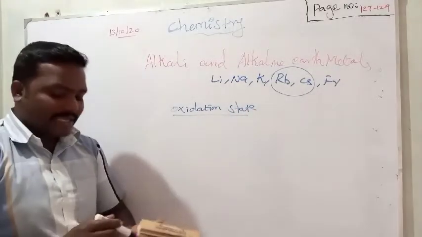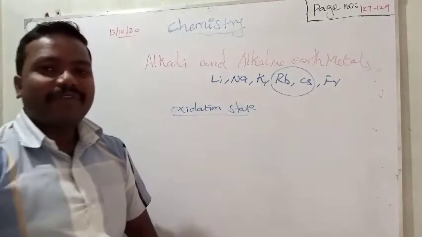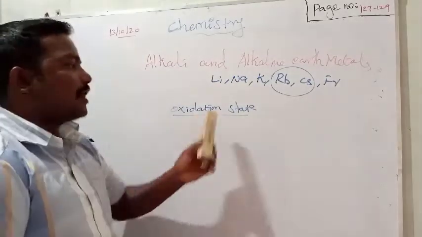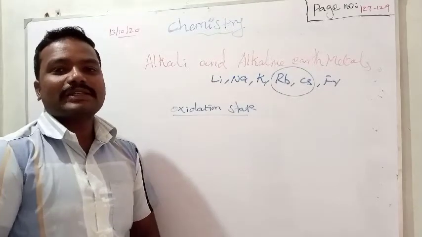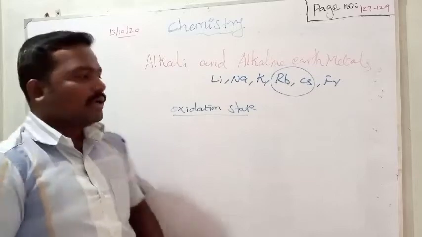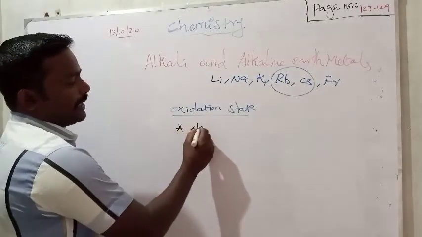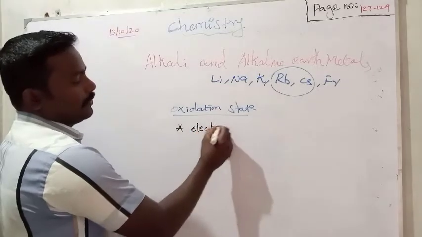What is oxidation state? In the previous lesson we have studied about oxidation state. What is oxidation number or oxidation state? The charge of that particular atom, right? So usually they are highly electropositive. What do you mean by electropositive?